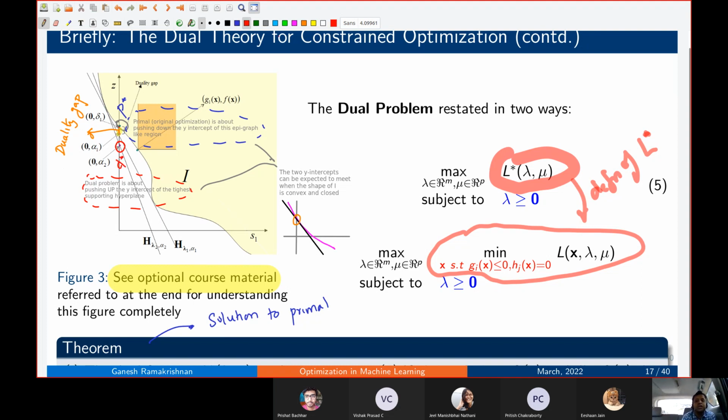The solution to the primal P star will always be greater than or equal to, as you see in this plot, the solution D star. So the theorem is just that the solution to the primal is greater than or equal to the solution to the dual, and this P star minus D star, which is guaranteed to be positive, is called the duality gap.